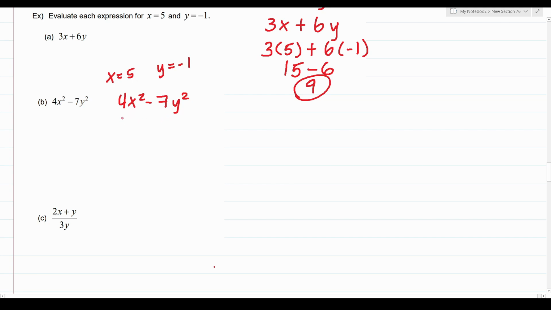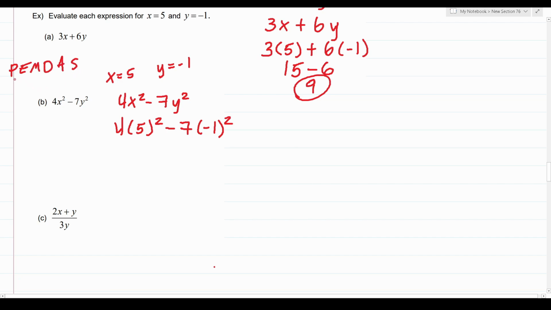So this becomes 4 times 5 squared minus 7 times negative 1 squared. All right, so since there's a lot going on in this expression, you may want to write out your order of operations. Again, those are remembered by the acronym PEMDAS.